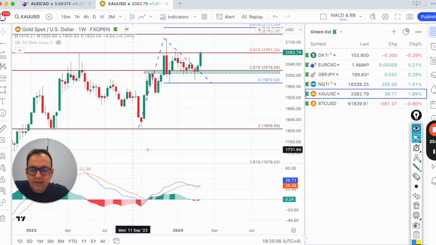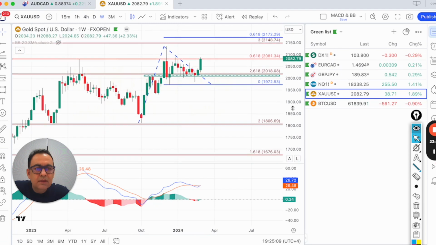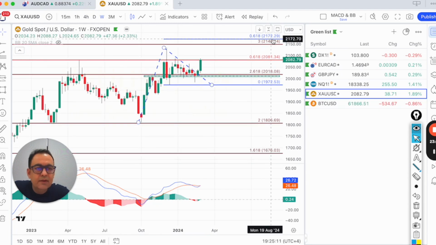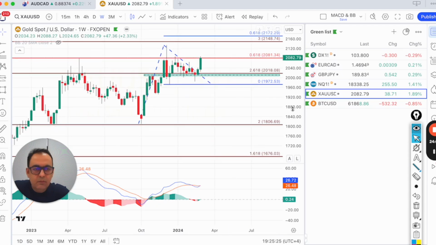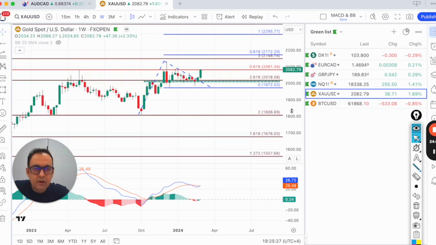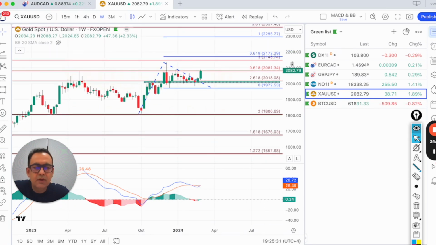So we'll get the next target after 2148 is 2172. So the next upcoming target for gold is 2150 to 2175 in round numbers. Exactly, it will be 2148 to 2172. And once we break this level, then the next target would be 2295, or in round number 2300.